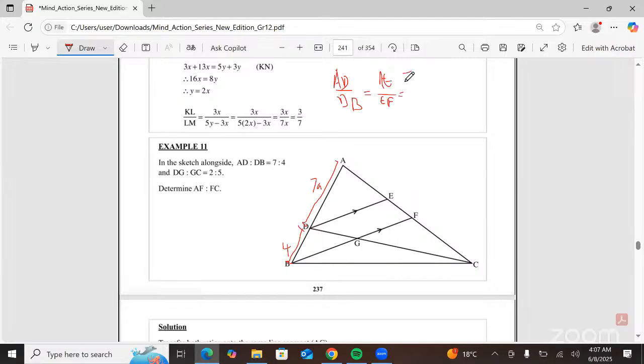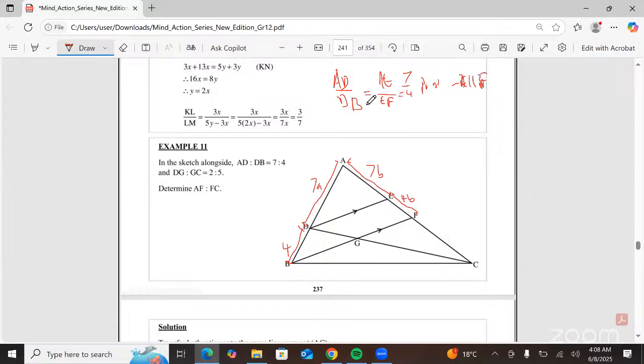They are both equal to 7 over 4, by the proportionality theorem, because DE is parallel to BF. Yes, sir. Okay, therefore this AE here will be 7b, and this EF will be 4b, right?